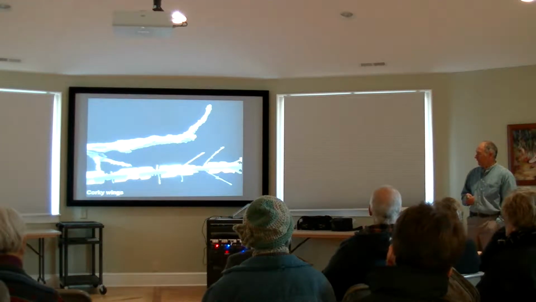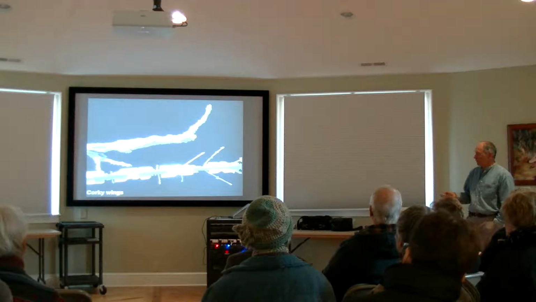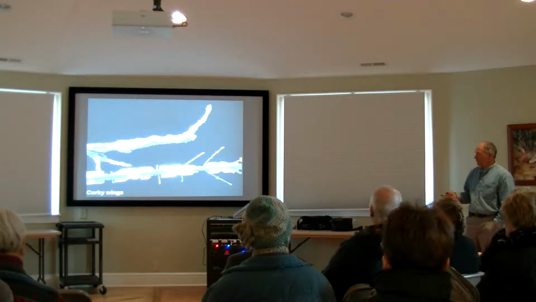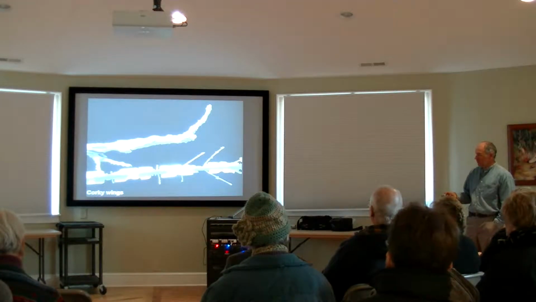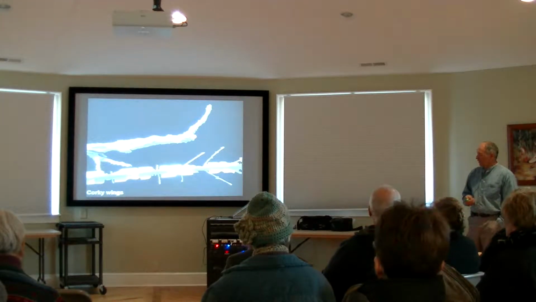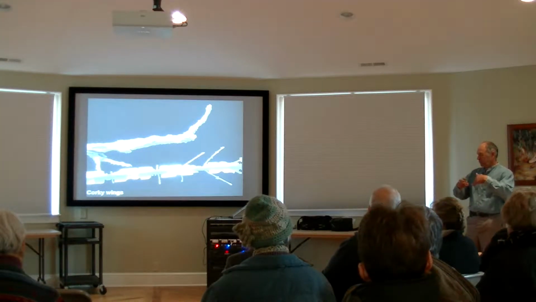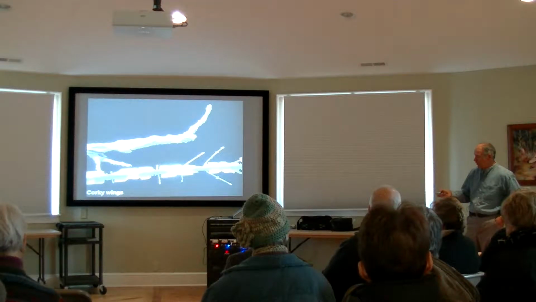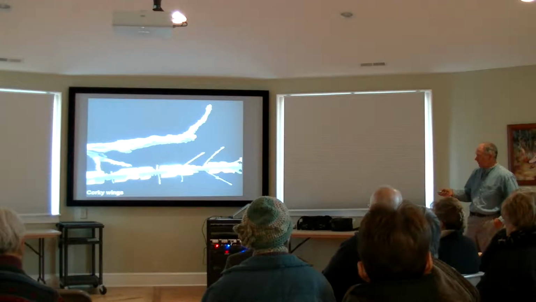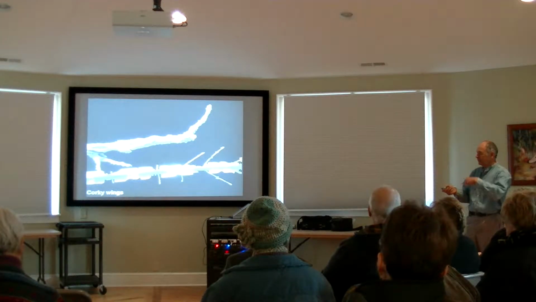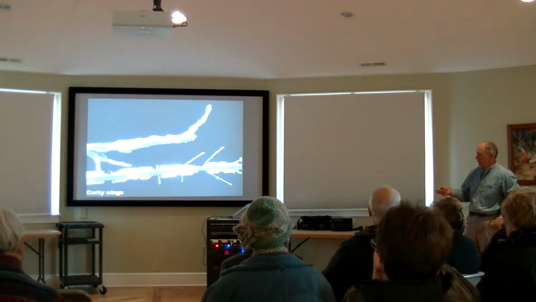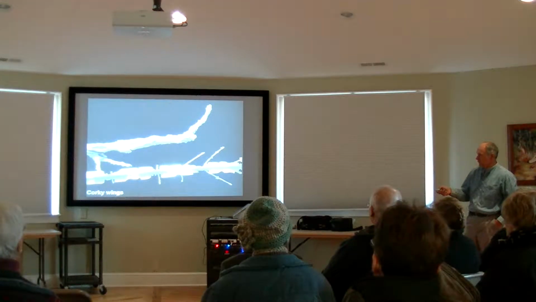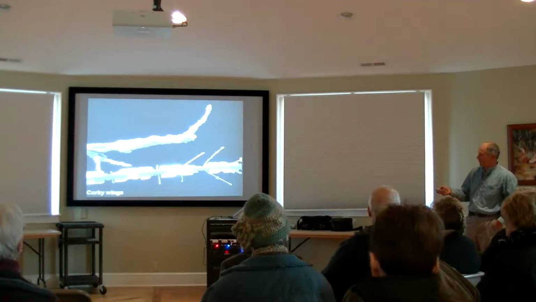But we have things like elms, and this is a winged euonymus, an exotic. It has a cork cambium, a little layer of cork cells which produce cork tissue in 2 rows. It has a row along the side of the twig here, and then a row at 90 degrees on the other side of the twig. It's not continuous because at the nodes where the branches are, there's an interruption of the cork cambium.